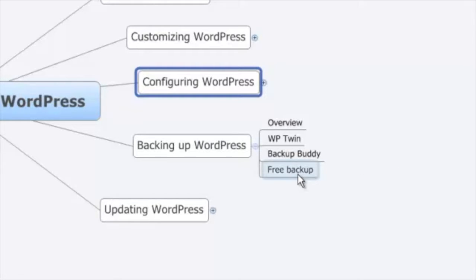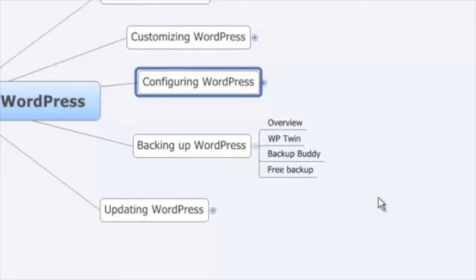So I'm going to offer up three solutions for you, actually four, for backing up your WordPress website. And those four options really are: do it manually, or do it using plugins.